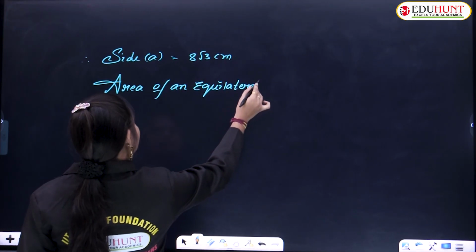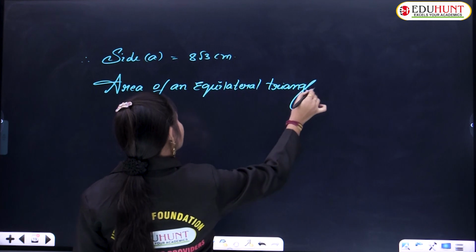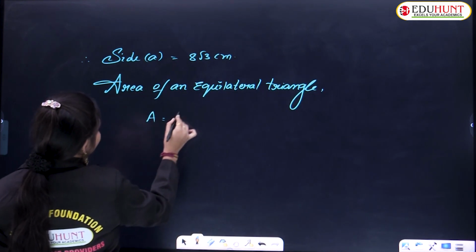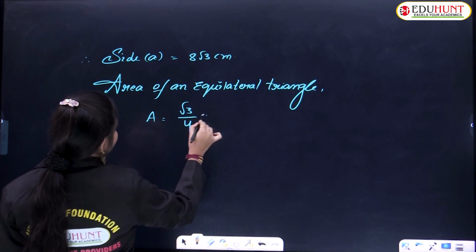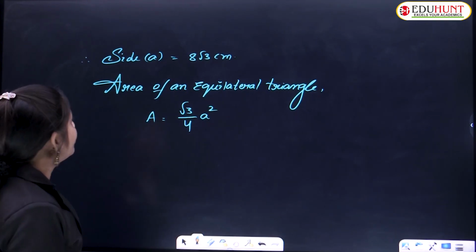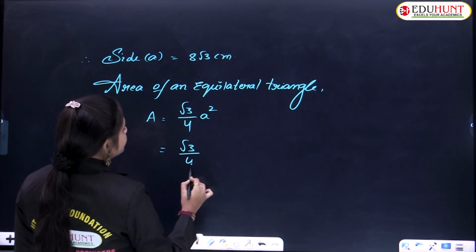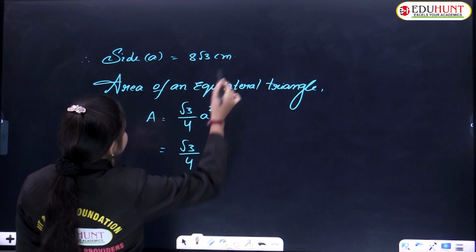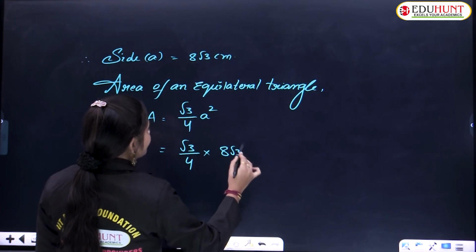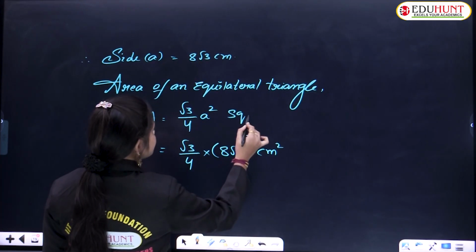Area A is equal to root 3 by 4 a square. That is the formula to find the area of an equilateral triangle, which is equal to root 3 by 4 into a, which is 8 root 3 whole square centimeter square. Square units, no?